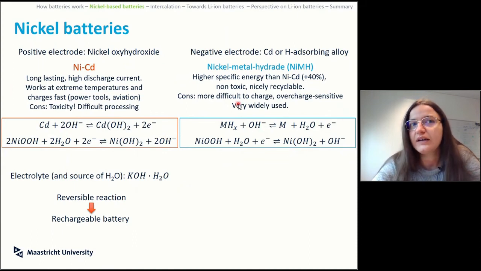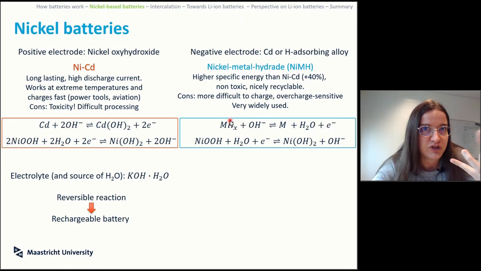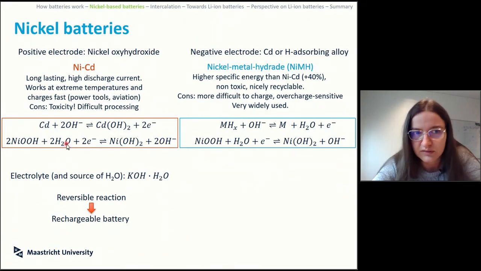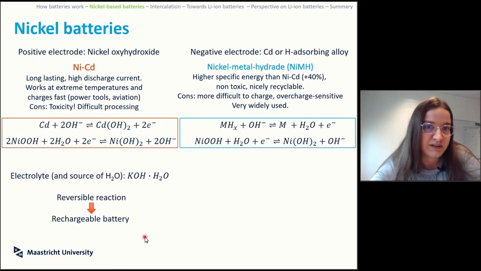If you have a hydrogen absorbing alloy, so something that is basically soaked in hydrogen, you absorb the hydrogen and now you have this metal hydride that can release it, or you have cadmium that just goes as a metal. And the electrolyte, which is the source of the OH minus and H2O that you see around, is aqueous potassium hydroxide.